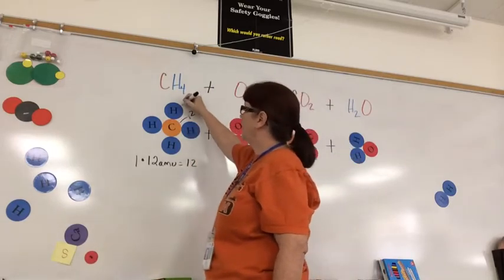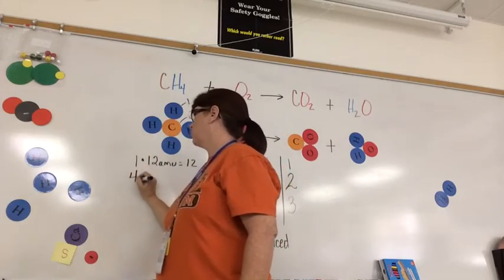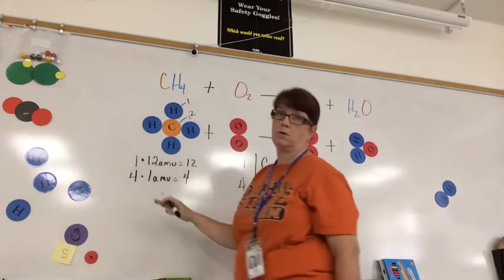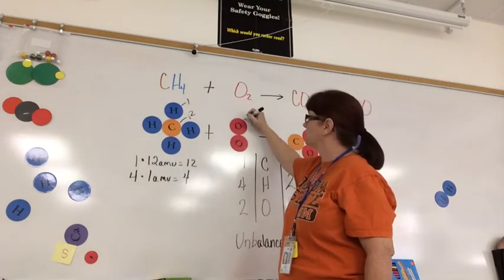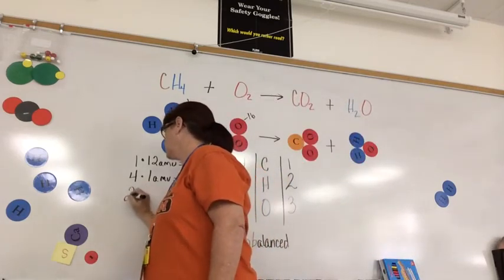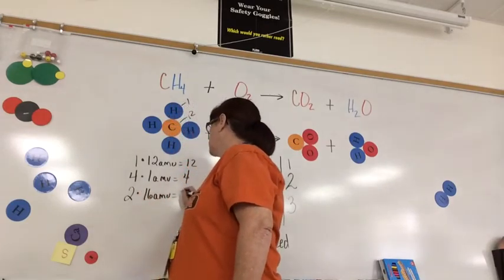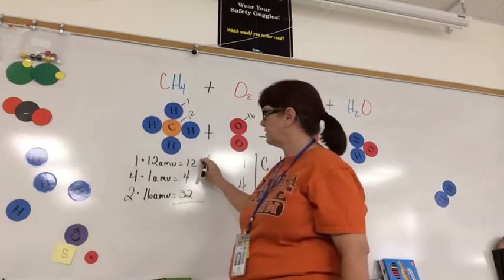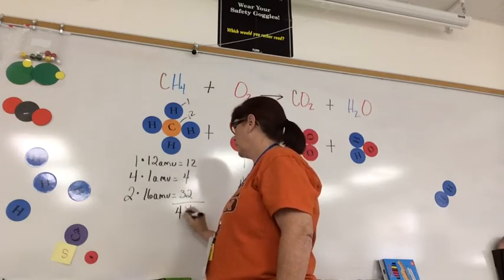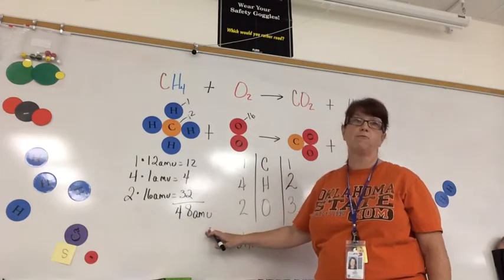Hydrogen has a mass of 1, and we have 4 total, so 4 times 1 equals 4. Oxygen has a mass of 16, and we have 2 of those, so 2 times 16 equals 32. When I add this up, I get 48. So on my reactant side, I have an atomic mass unit of 48.